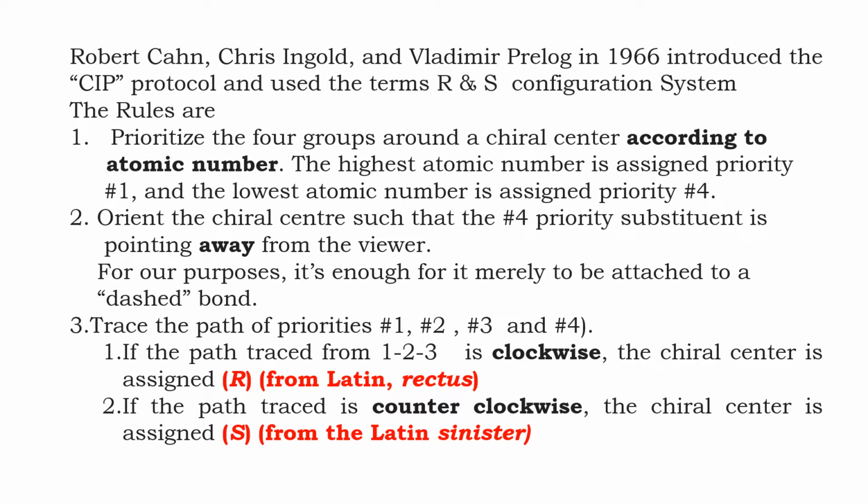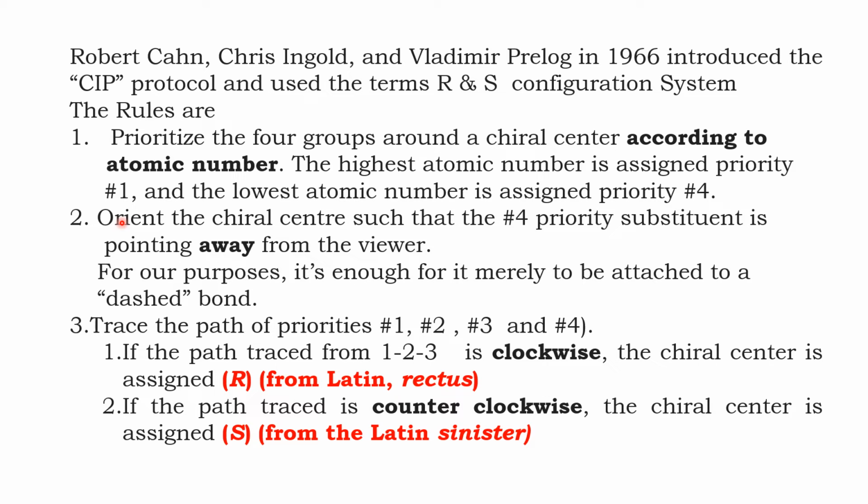So for a particular enantiomer, take an asymmetric carbon atom and identify all the four substituents. While identifying the substituents, we should give them preference or priority, and this priority basically depends upon their atomic number.